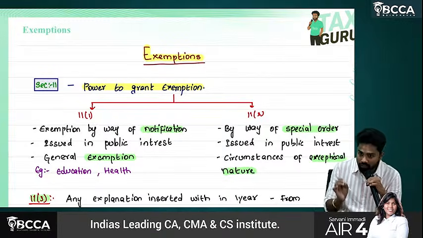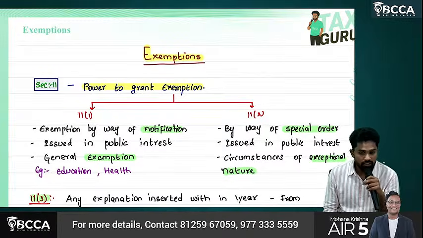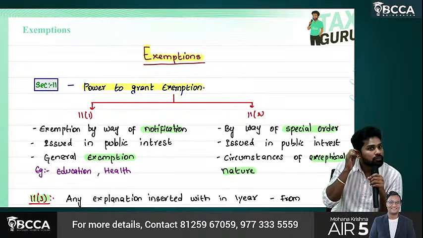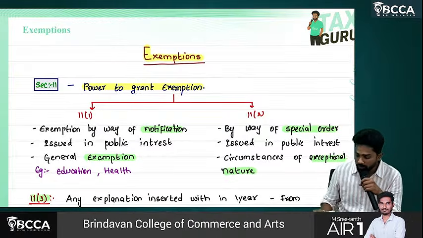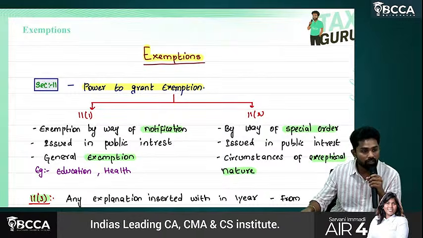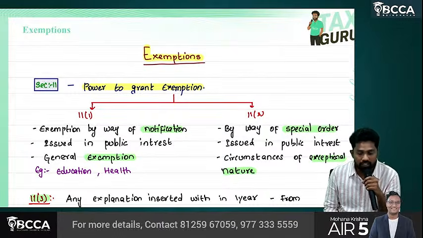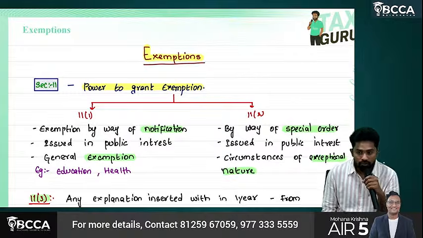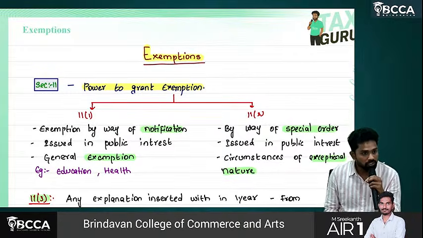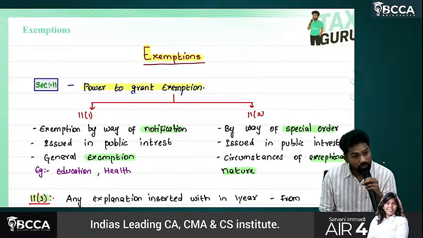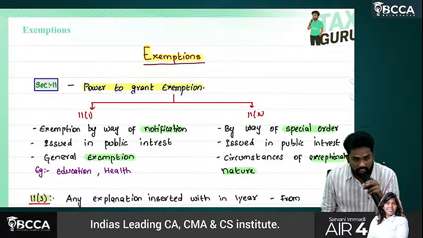We'll cover exemptions and ITC only. Tomorrow we'll have time, because the chapters are TDS, TCS, and time of supply. Those two are small chapters only, so tomorrow we'll cover even the charge topic as well.